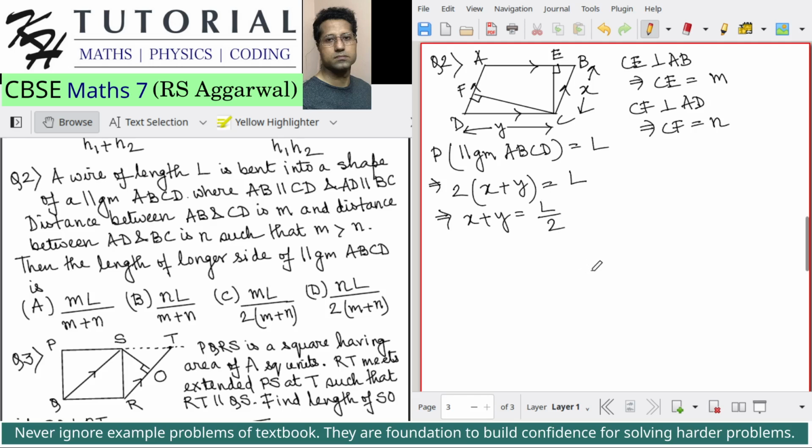Okay, so we have got the sum of the adjacent sides of the parallelogram is equal to L by 2.